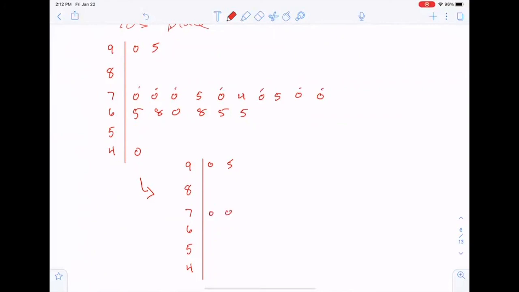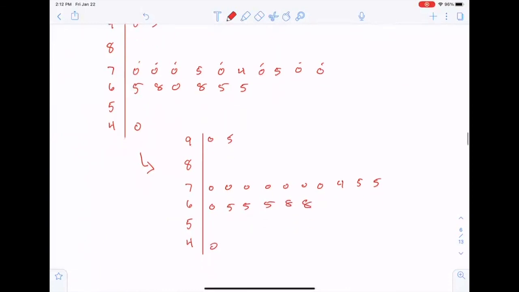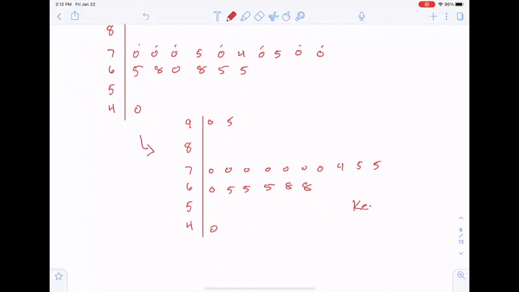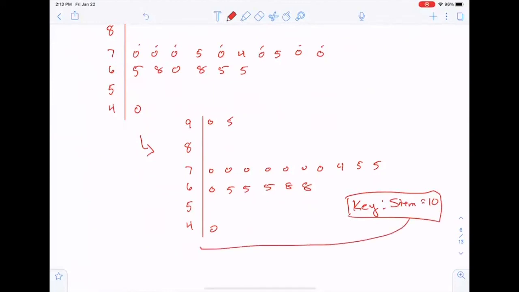And then I have a 4 and 2 5s. For the 60s, I have a 0, 3 5s, and then 2 8s. And then our key: the stem is equal to 10, which tells us everything to the left of this stem is going to be somewhere in the tens place.